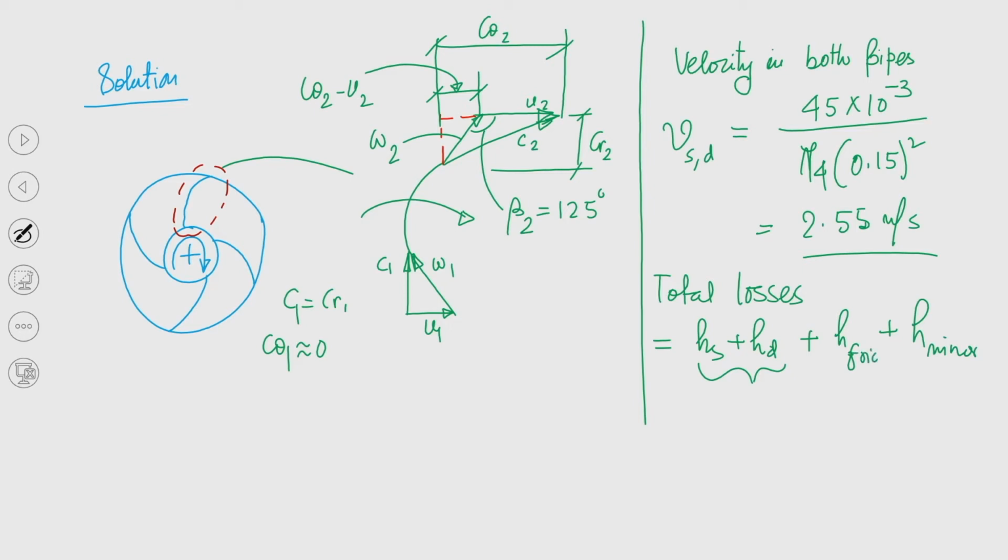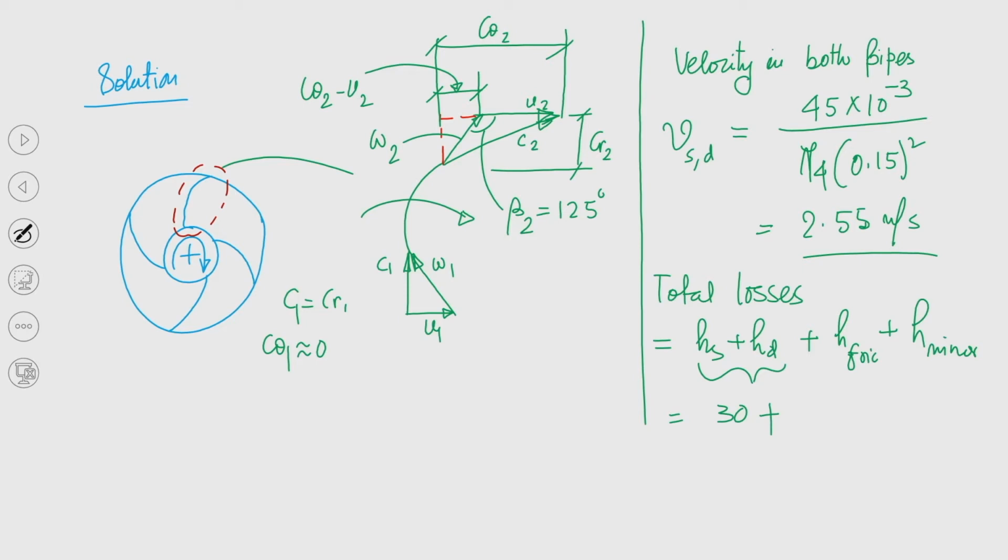This is the total loss, in terms of head; this is also head, this is also head, and finally the minor losses. You can see the combined length is given as 30 meters. Now, this is very important: how can we calculate losses due to friction? We have studied in fluid mechanics the Darcy-Weisbach equation.